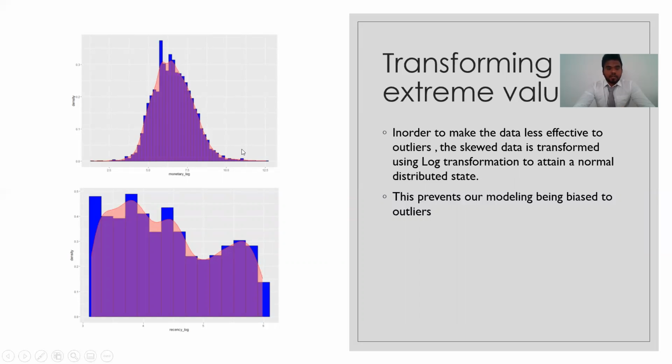Next is recency, which is also transformed to not exactly normal, but the outliers are removed here. It's really close to a normal distribution, I'd say. So this is how I transformed the data by removing the extreme values so that your model doesn't get affected by outliers.